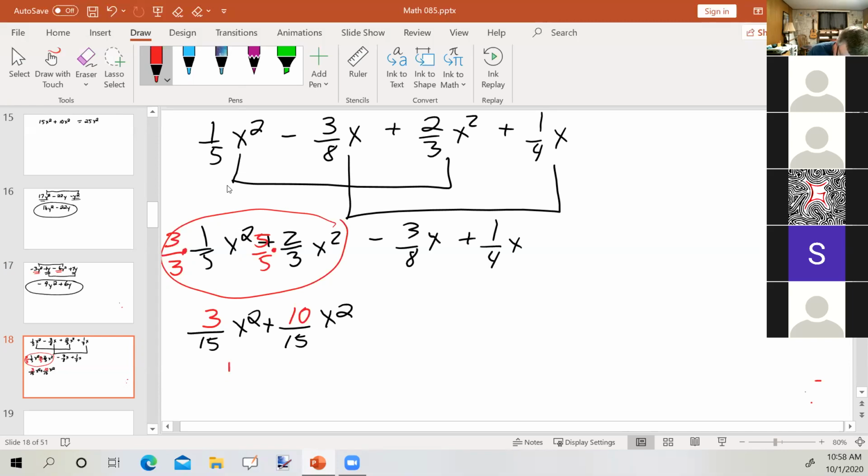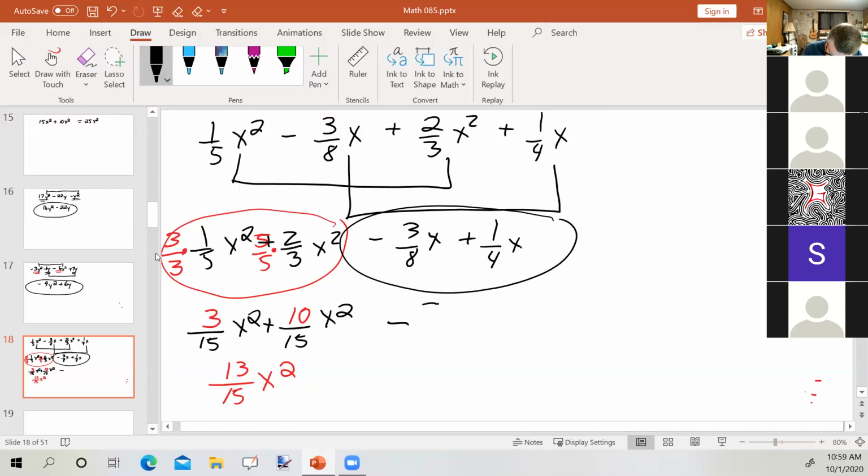So that becomes 13/15 x squared. So we've combined the like terms that were x squared to 13/15 x squared. And I can't reduce 13/15. All right, we're halfway done. So now, let's take a look at this second part. What's the least common denominator of 8 and 4? 8. Right.